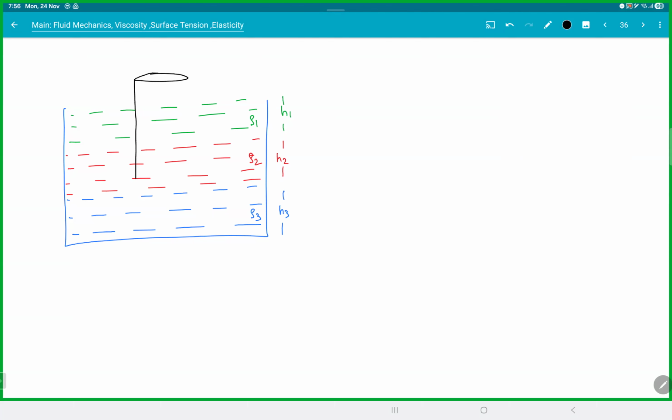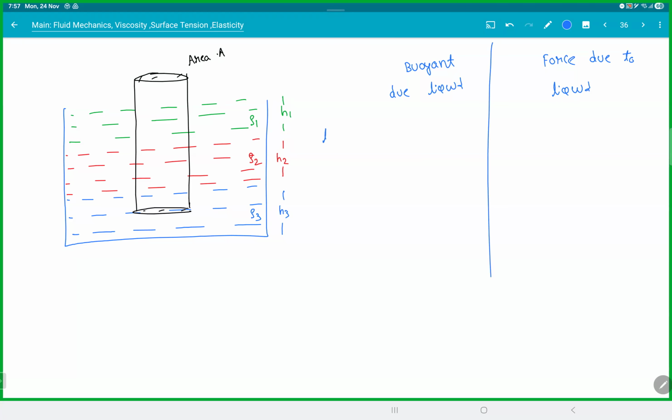And let's say you keep a cylinder like this. Cylinder area is A. Now, if I ask you, find the buoyant force due to each liquid and find the force due to each liquid. Can you get them? Liquid 1, liquid 2, liquid 3.